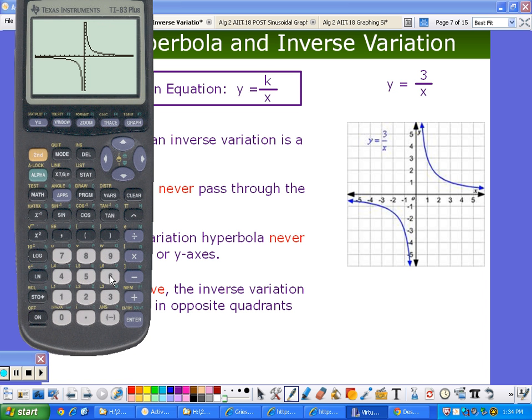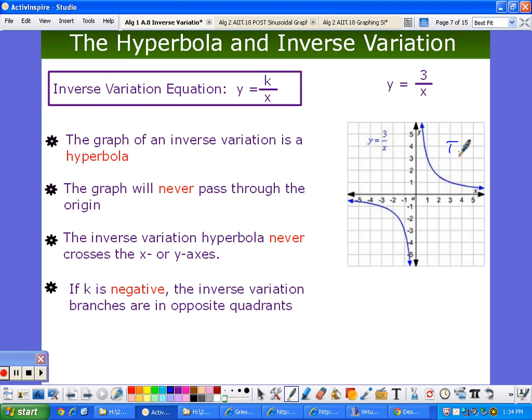So that is y equals 3 over x. What happens if you have a negative k, maybe with negative 3 as your constant of variation? So now I've got negative 3 over x. It actually flipped the branches. So if you have a positive k, you're going to be in quadrants 1 and 3. If you make this negative, you're going to branch into 2 and 4. So that's what the negative does.